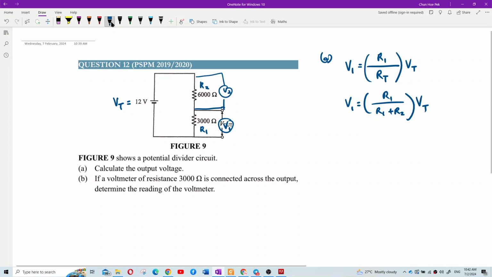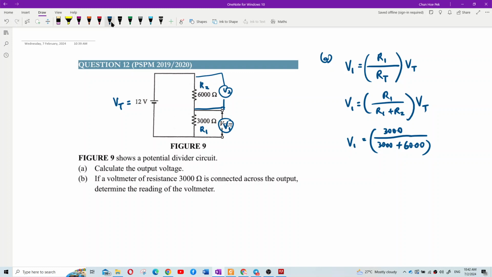Okay, continue. So V1 is equal to 3000 ohm, which is R1, over 3000 plus R2, which is 6000, and then multiplied by the total voltage, 12 volt. So what's the answer?